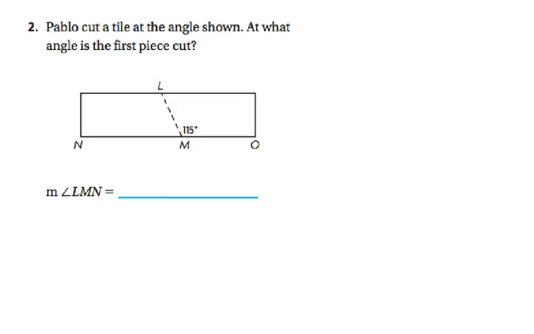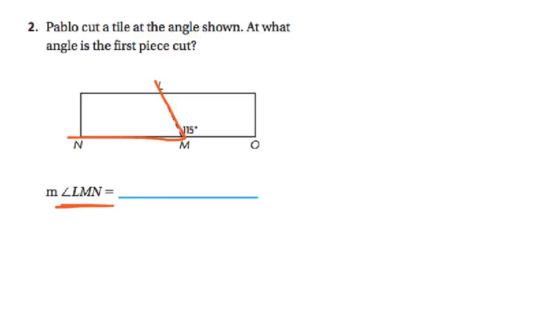Pablo cut a tile at the angle shown. At what angle is the first piece cut? If I am confused as to what angle they want me to pay attention to, they have labeled it for me. We're finding the measure of angle LMN.